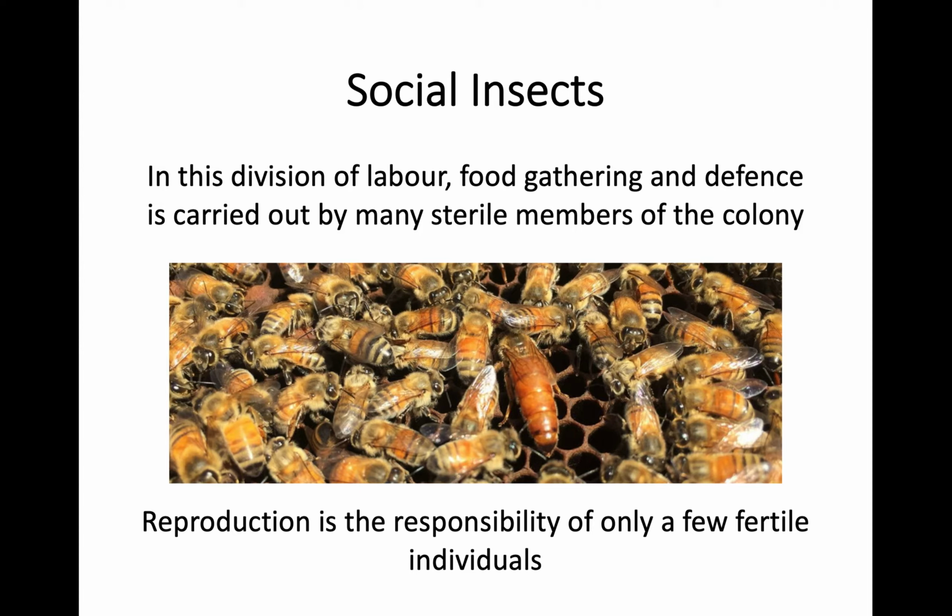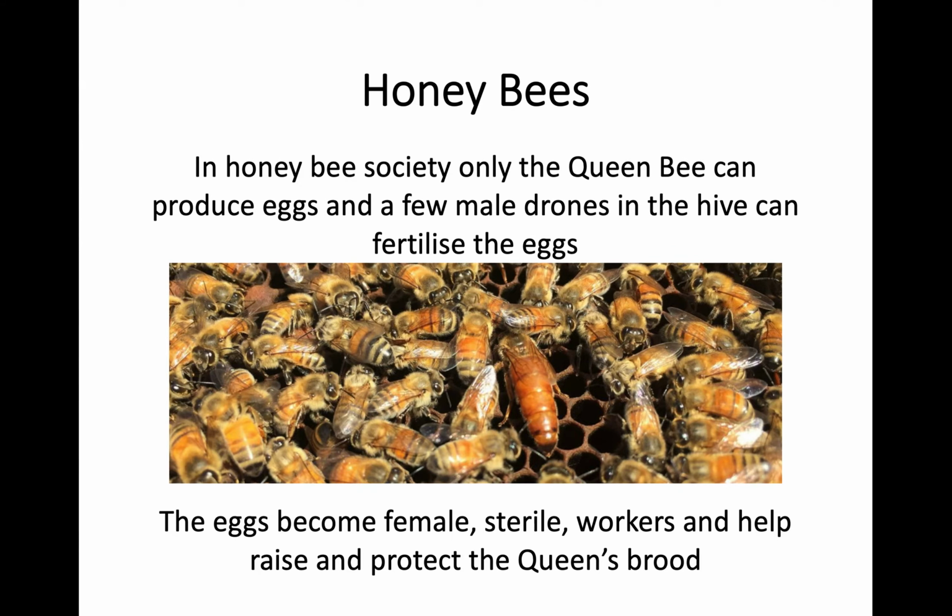Reproduction in general would only actually be the responsibility of a few fertile individuals. So in the middle of this image here, you might see a queen bee. That queen is going to be able to reproduce, whereas the workers all around her are not able to reproduce. They are going to be carrying out all this labour in the hive, which again we'll look into is quite an extreme form of altruism.